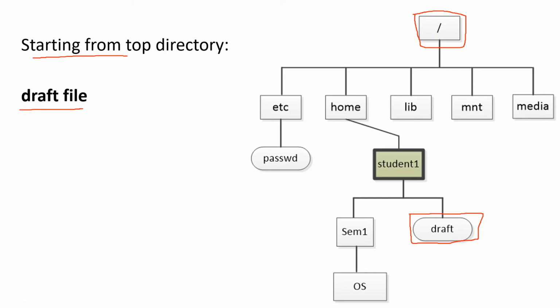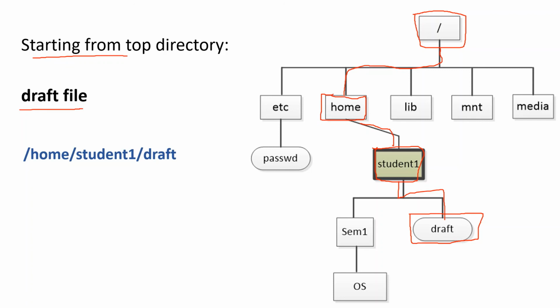So we must follow the path. It is from /home, /student1, /draft. So this is the path of draft using absolute. So it is /home/student1/draft. I'm hoping that this is clear.